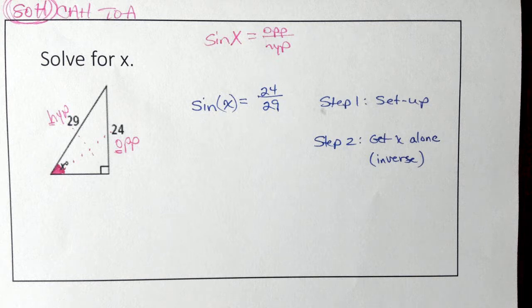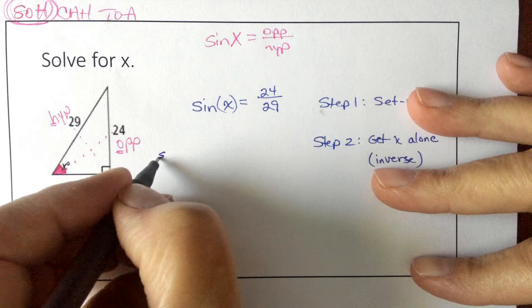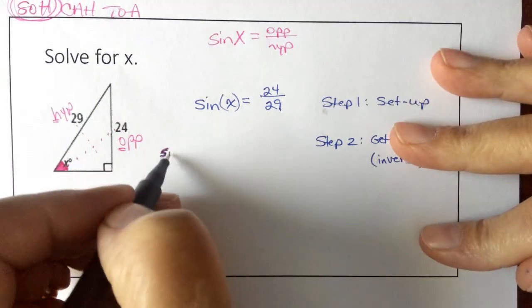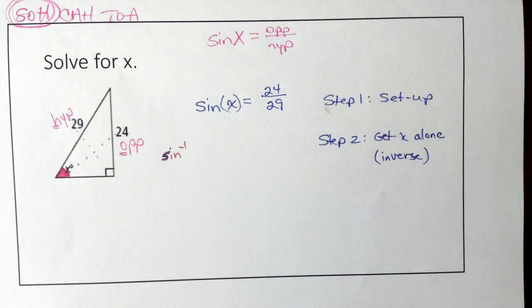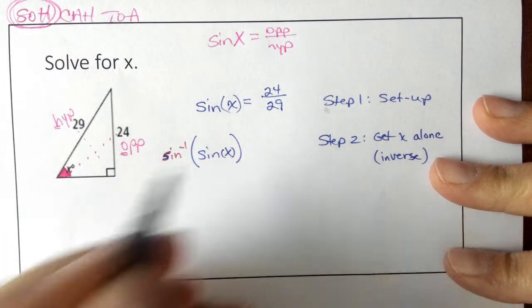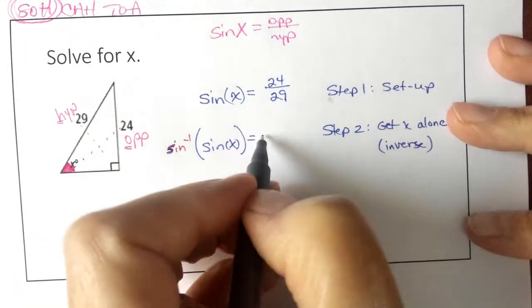So what does that look like? Well, it's kind of like we did in the Pythagorean theorem section where we took the square root of both sides, but it looks a little bit uglier. So what we do is we take the inverse sine of the left side, and we take the inverse sine of the right side.